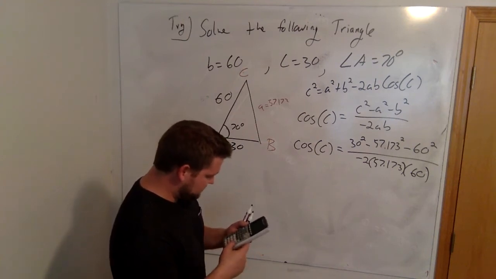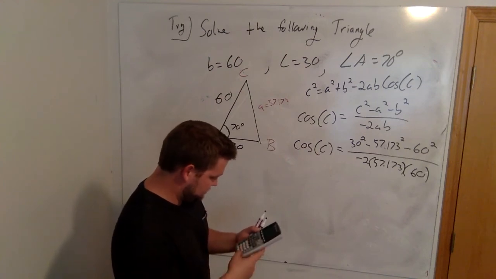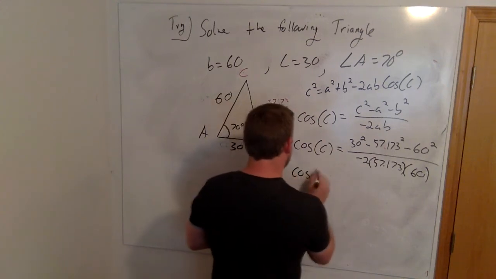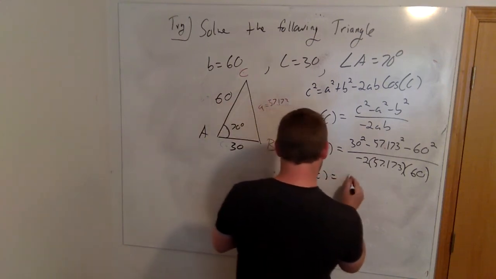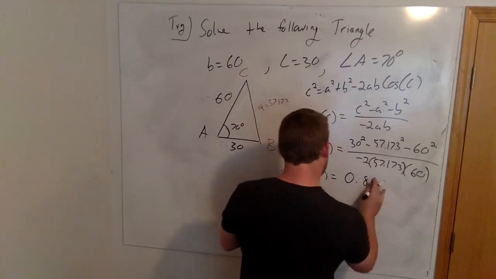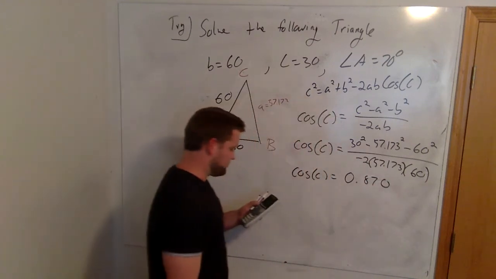Let's see here, a little syntax error. I think I had too many parentheses. Okay, so I'm getting that the cosine of C is equal to 0.86, well, I guess 0.870 if we're rounding to 3 decimal places.